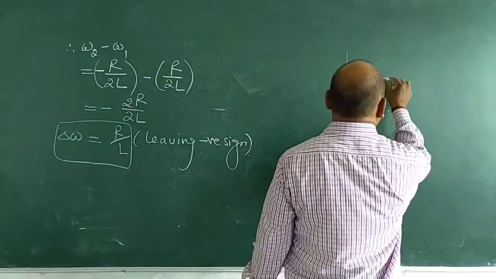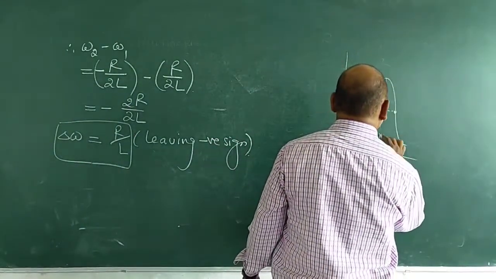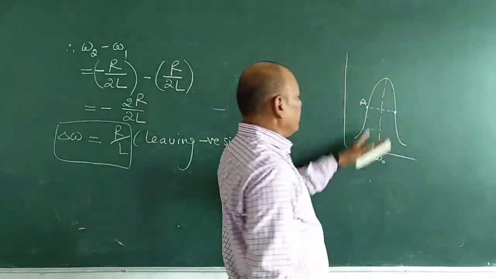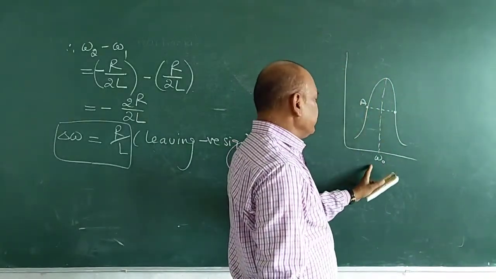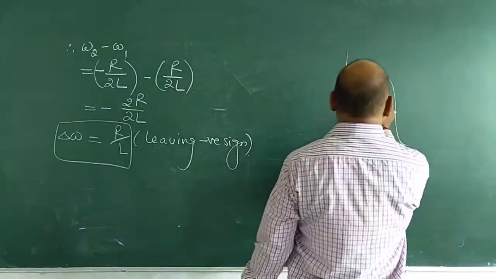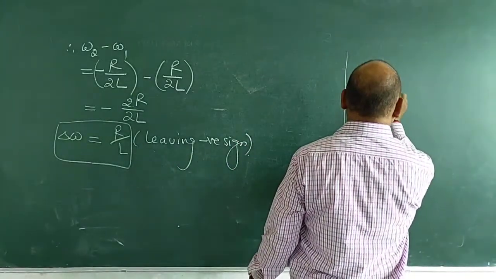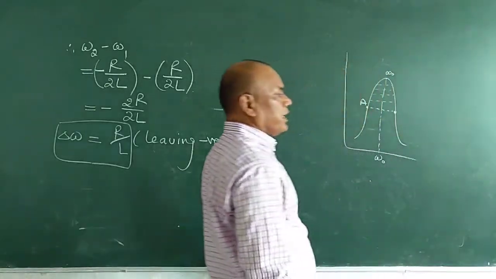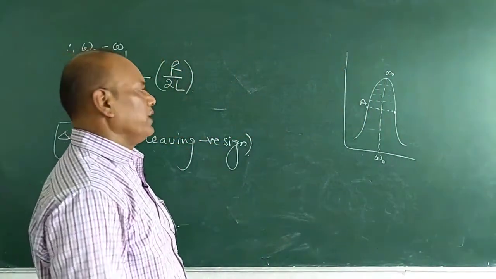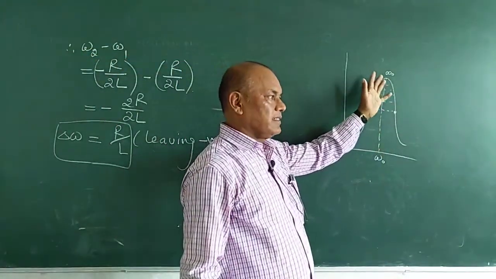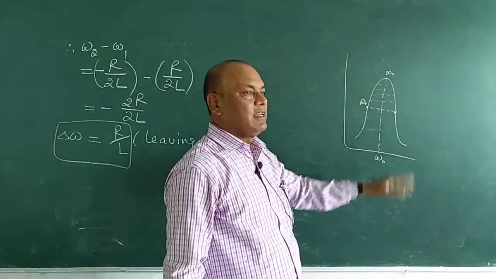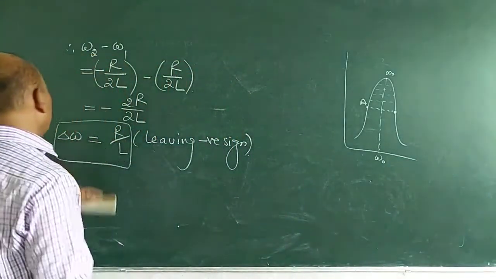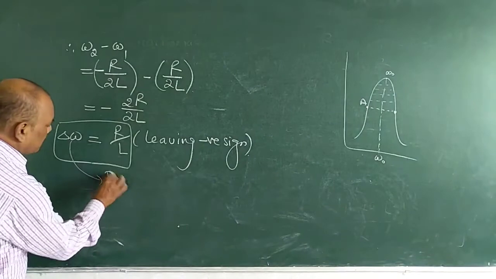Now if our frequency is reaching omega 0, then this bandwidth becomes shorter and shorter, and at omega 0, this bandwidth becomes 0. So it is called the sharpness of this series resonating circuit.